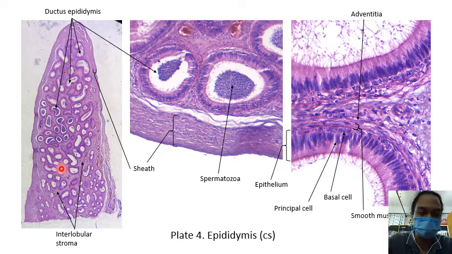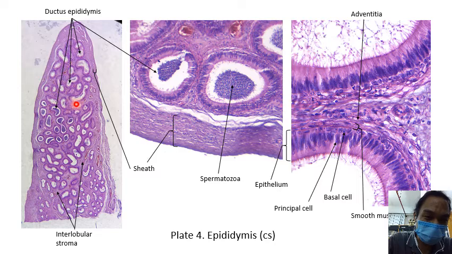Can you imagine that? This epididymis is covered with a capsule, called here a sheath, and the sheath can penetrate through the stroma of the epididymis here, forming the interlobular stroma.